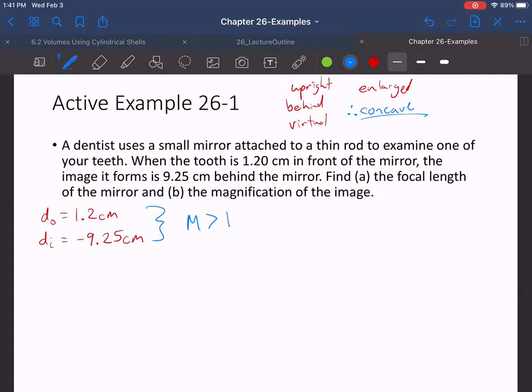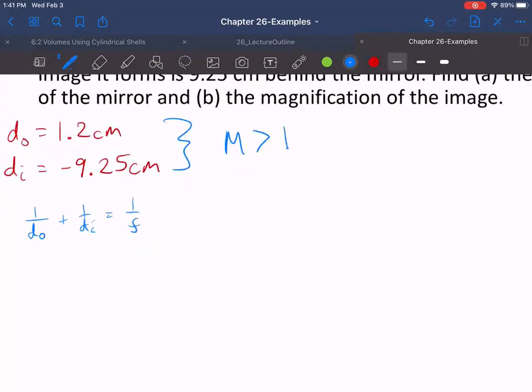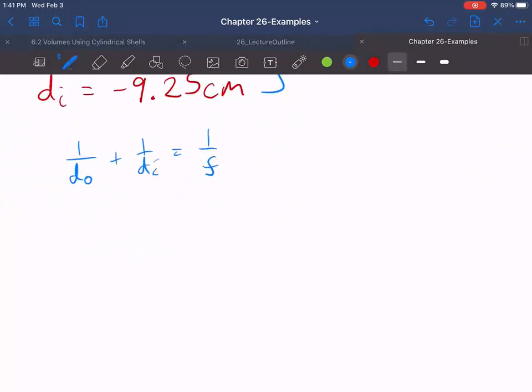So let's see if we can start doing this math. First we need to find the focal length. We can do that with 1 over DO plus 1 over DI equals 1 over F. That's our mirror equation, right?